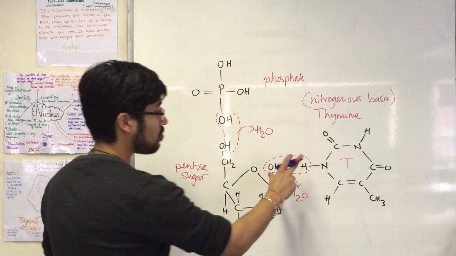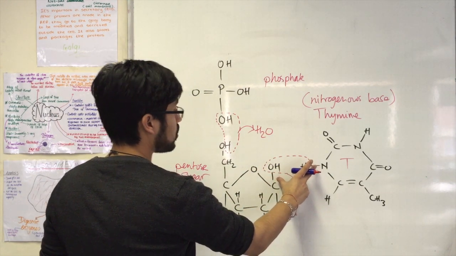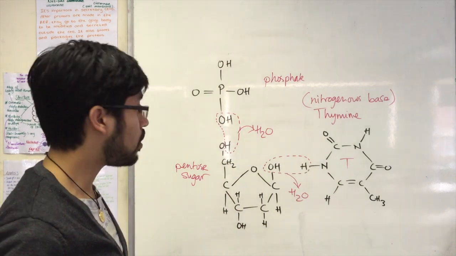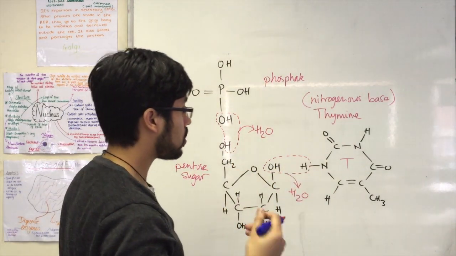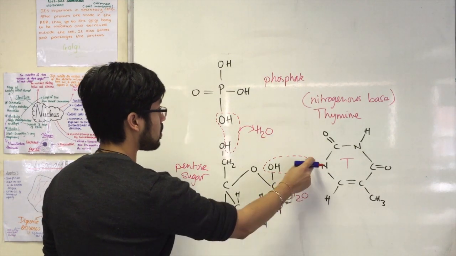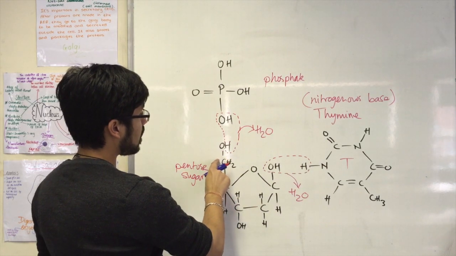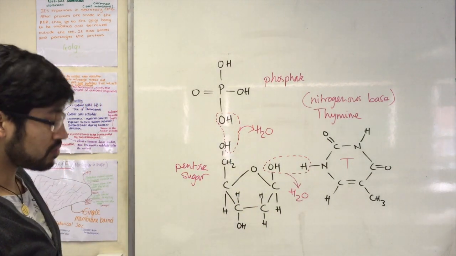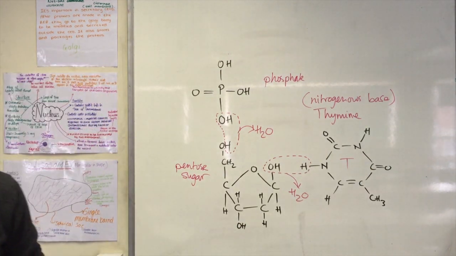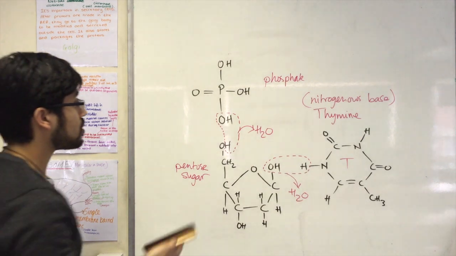When that happens, the remaining atoms, which have all lost 1 bond, will satisfy their need for a covalent bond by bonding to each other. So in this case, the carbon to the nitrogen, and in this case, the oxygen to the phosphorus atom. Let's have a look at what that would look like.